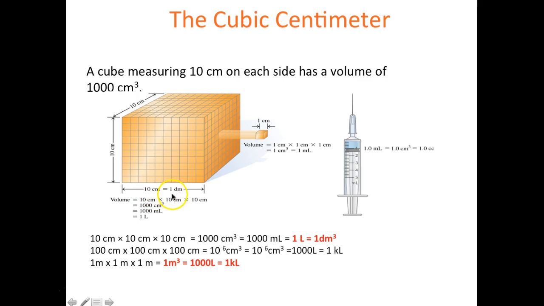So 100 by 100 by 100 is a million centimeters cubed. A million centimeters cubed is 1,000 liters, and therefore 1,000 liters is a kiloliter.